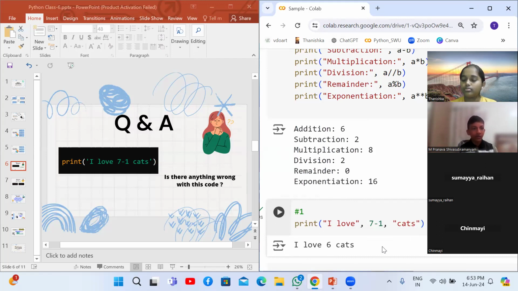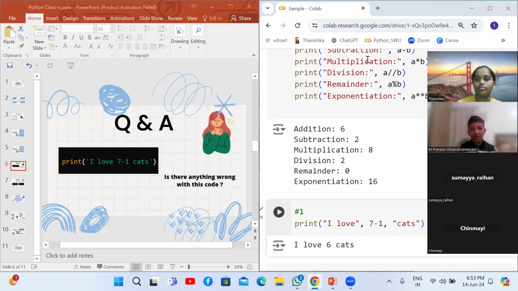So it makes 6, then it does some calculation and gives 6. And then again, we have another string text, which is cats. So it combined all together and we have separated each and every thing with a comma there.